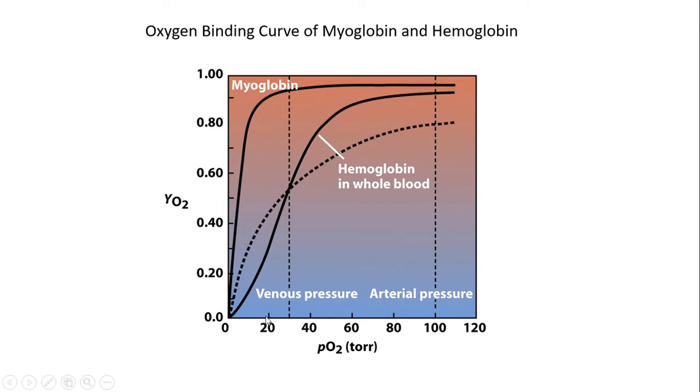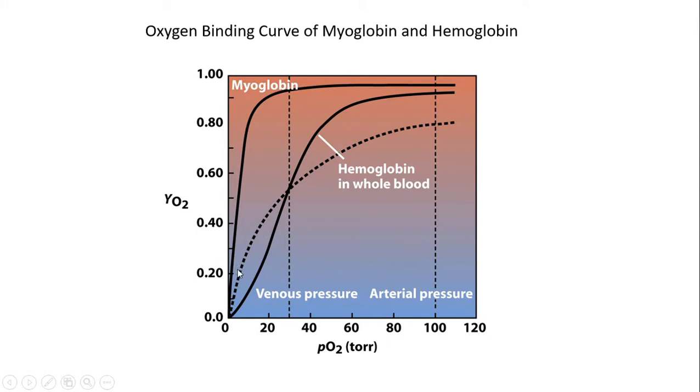So this is the binding curve for hemoglobin, and you can tell that its shape is sigmoidal. And that sigmoidal shape tells me that we have cooperative binding.